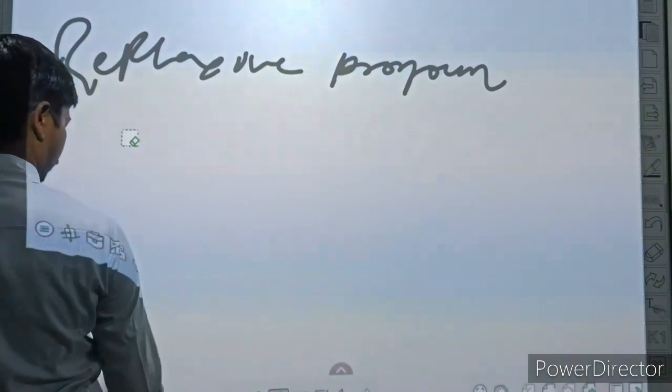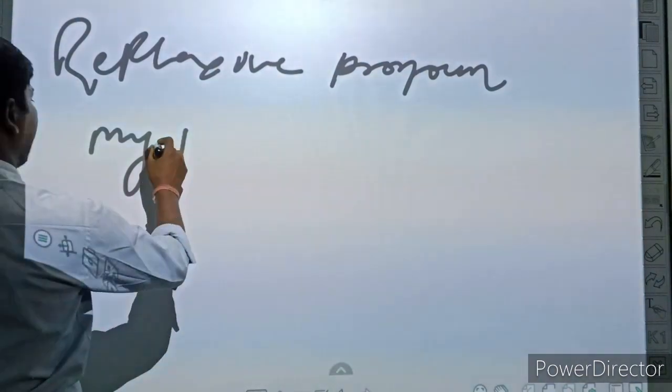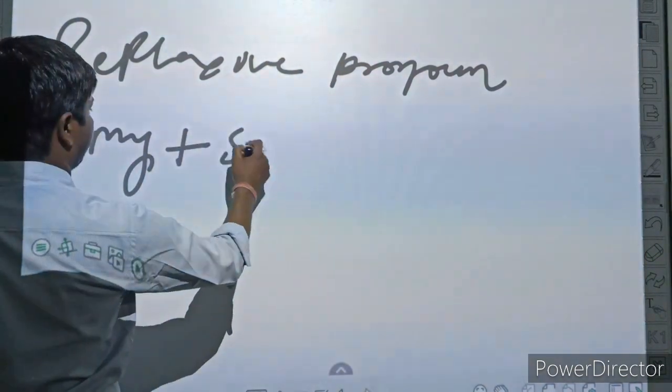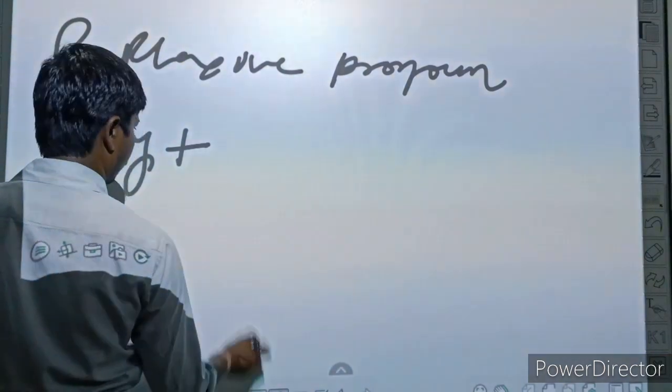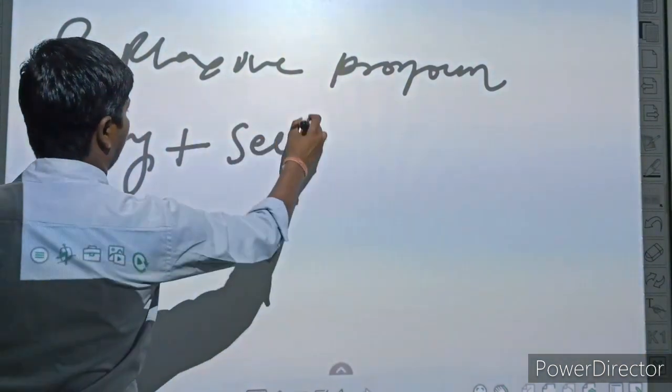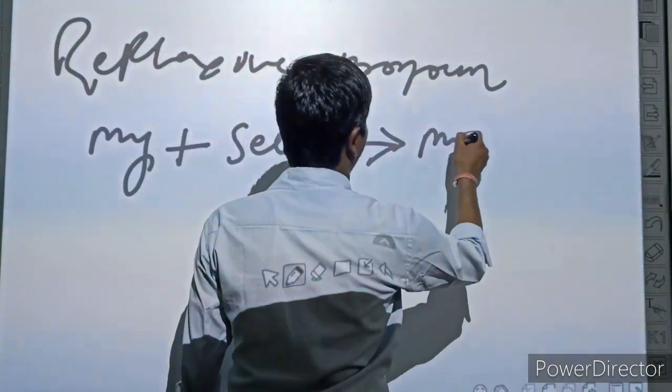Like this, my. This is a pronoun, and when it is added, it becomes myself.